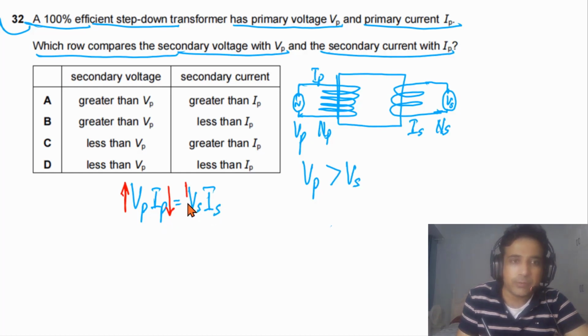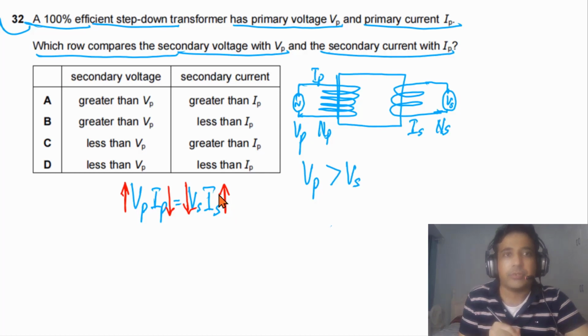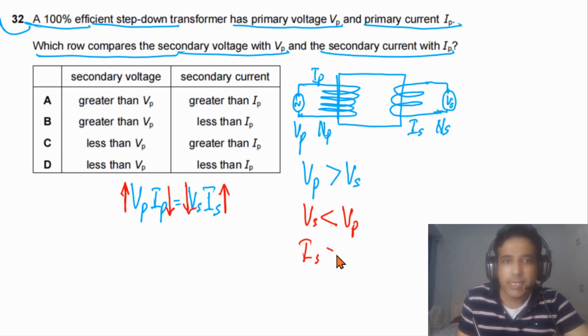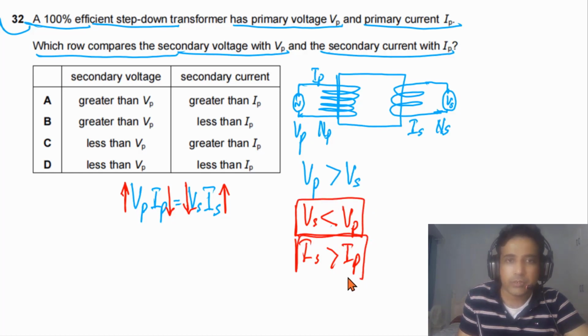In this case, Vs is smaller, so Is has to be greater. The question is asking which row compares the secondary voltage, so Vs has to be less than Vp, and Is has to be greater than Ip. These two points you need to understand.